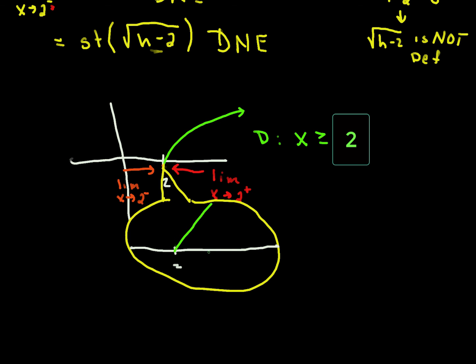And we see that as my input gets closer to 2, my output gets closer to 0. But again, I can't even ask what my function is doing if I come from this direction. There's no graph over here. There's nothing that can be done. And so, again, we say that the right-hand limit exists and is equal to 0, and the left-hand limit does not exist, period.